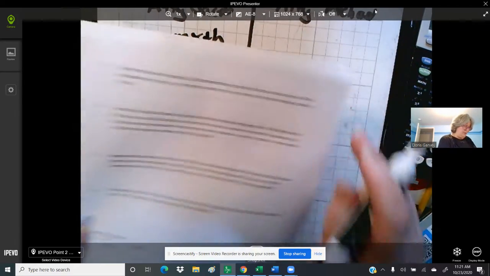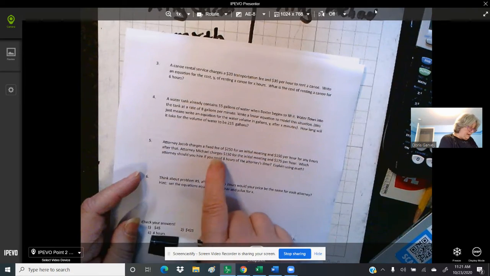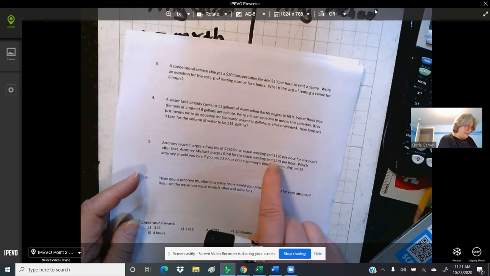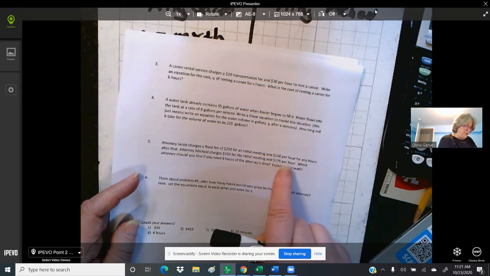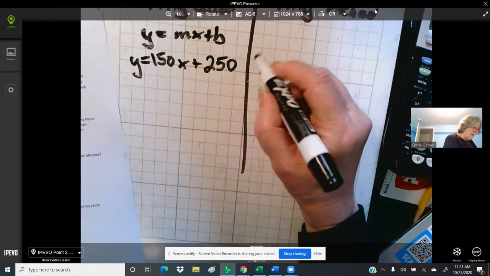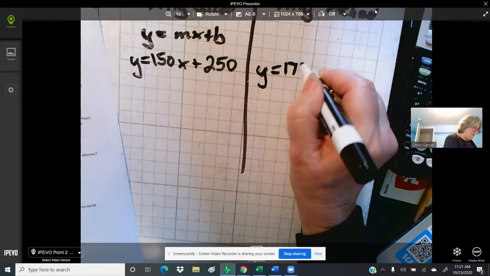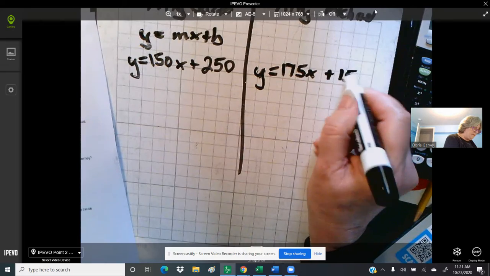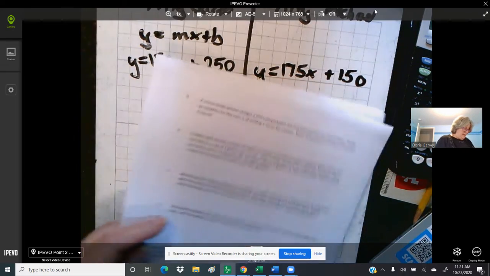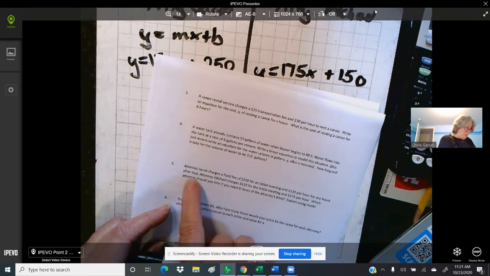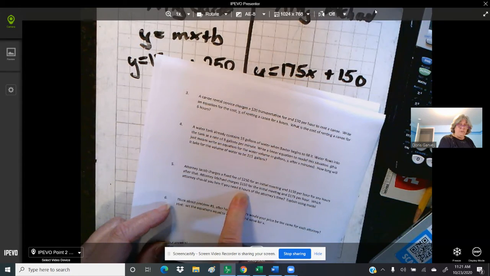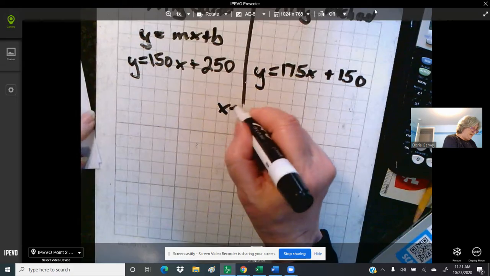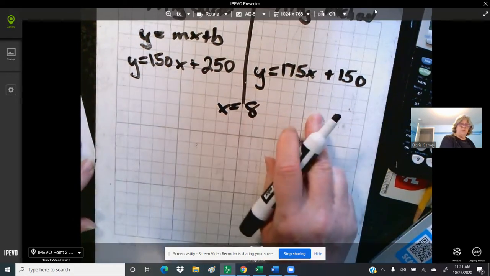Let's find one for attorney Michael. Attorney Michael charges $150 for the initial meeting, so that doesn't change, and $175 per hour. So his rate is $175 per hour, but he charges a flat fee of $150. Then it goes on and says, which one of these attorneys should you hire if you need 8 hours worth of work? Basically they're saying if x equals 8, which one would be cheaper?